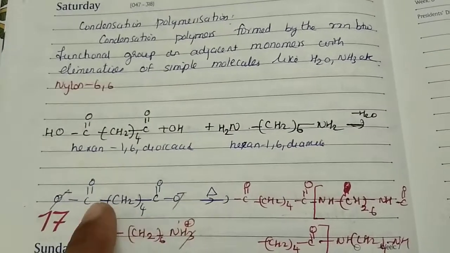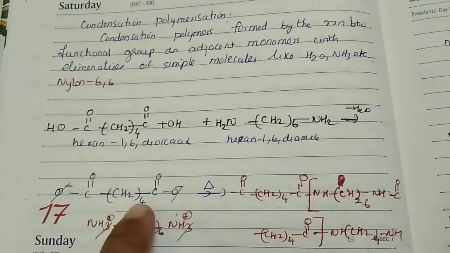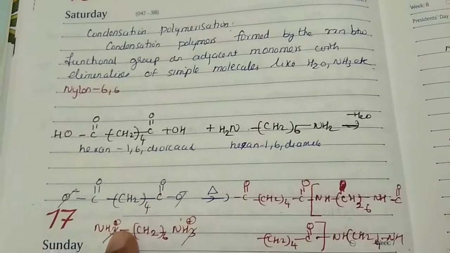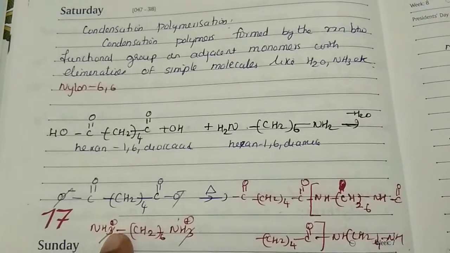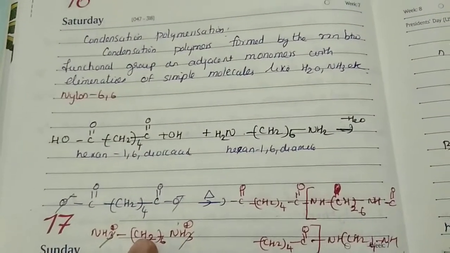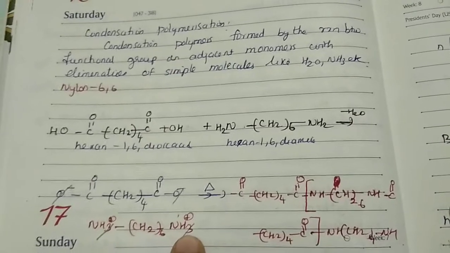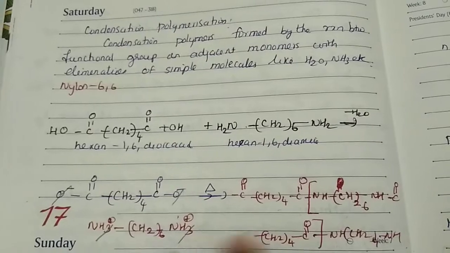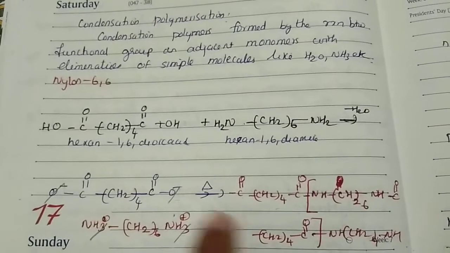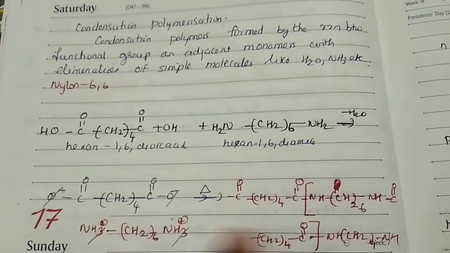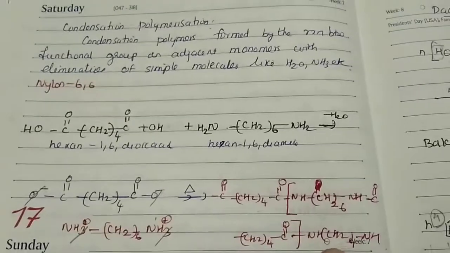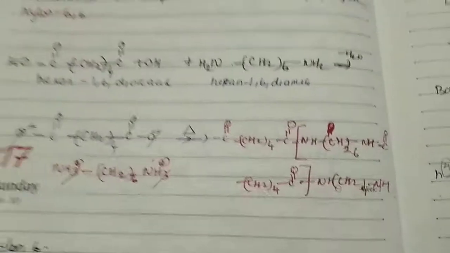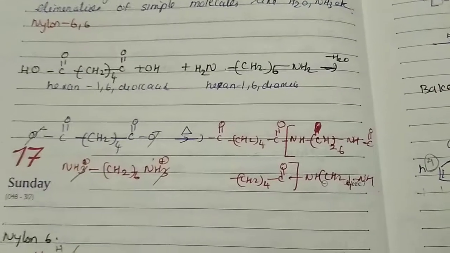So see the structure: C double bond O, (CH2)4, C double bond O, NH, (CH2)6, NH. So again add the hexane 1,6 dioic acid here, C double bond O, (CH2)4, C double bond O. Again add nylon salt, NH, (CH2)6, NH. So it is a continuous one. Okay, this is the structure of nylon 6,6.